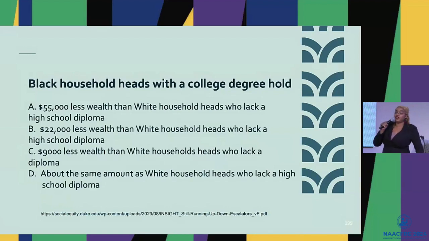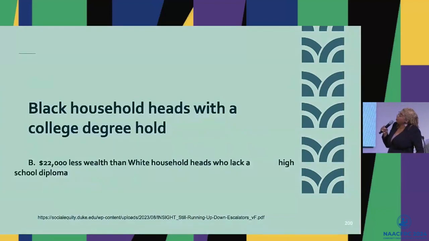Okay, raise your hand if you think it's B. Great. Raise your hand if you think it's C, $9,000. How many people think it's about the same? Okay. Black household heads with a college degree hold $22,000 less wealth than white household heads who lack a high school diploma.